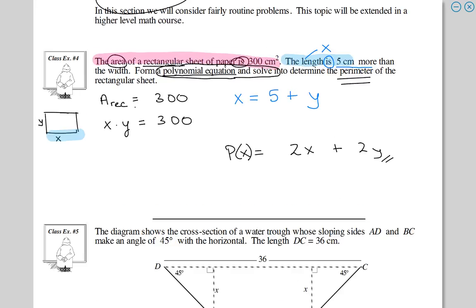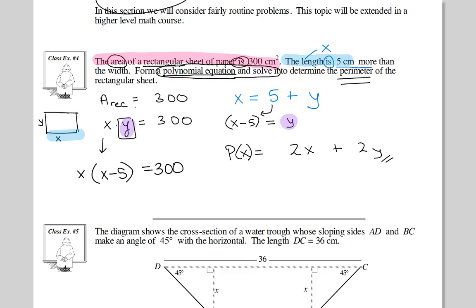So let's get rid of y using the area. I know that y, if I move this 5 to the other side, x minus 5 equals y. And I'm thinking I'm going to do a substitution with this y and this y here, because then I'm going to form a quadratic. So x is x, and then y is x minus 5, and all that is equal to 300.